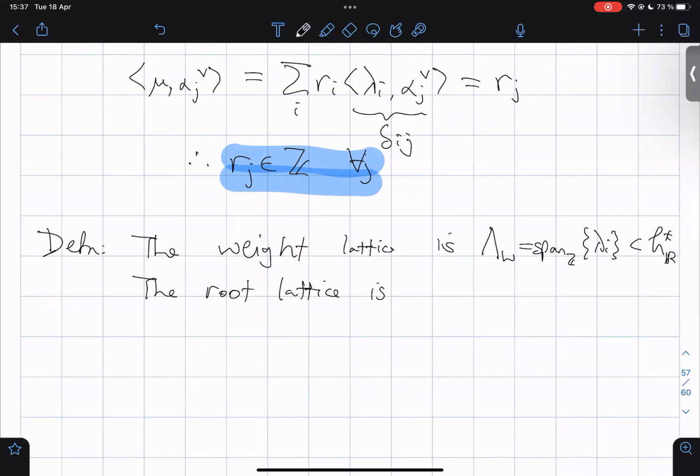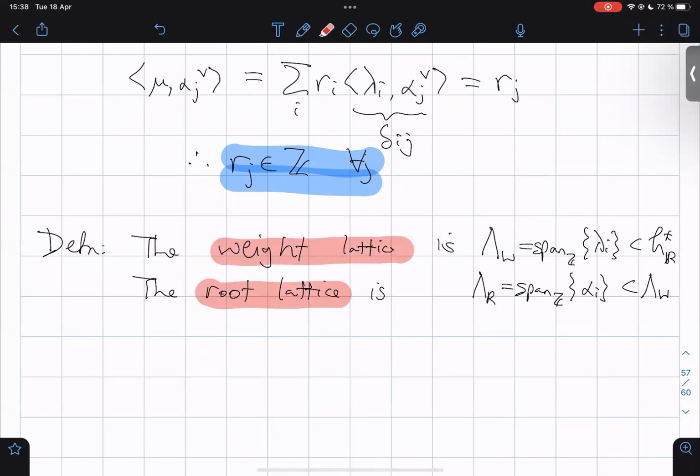So the root lattice is the Z span, all integer linear combinations, of the simple roots. And this is certainly going to be a subset of the weight lattice.